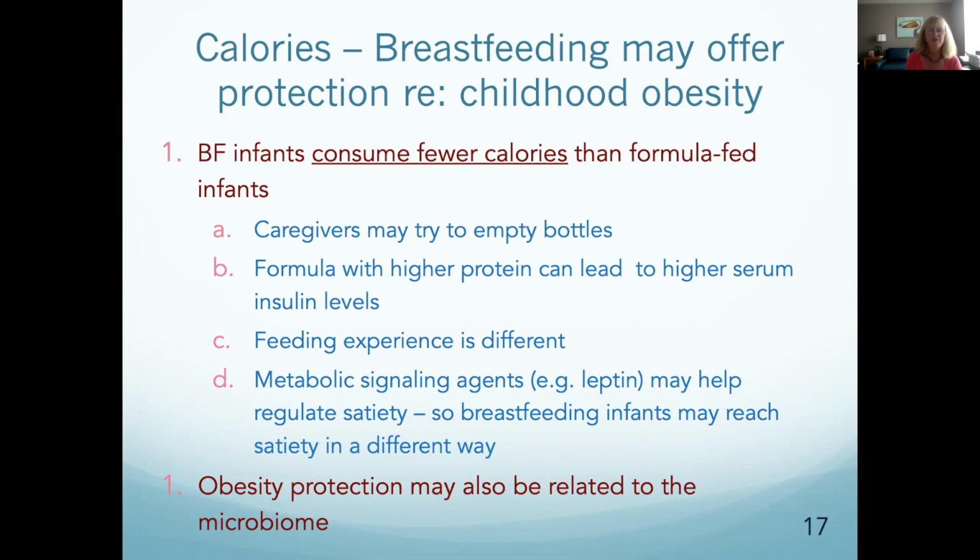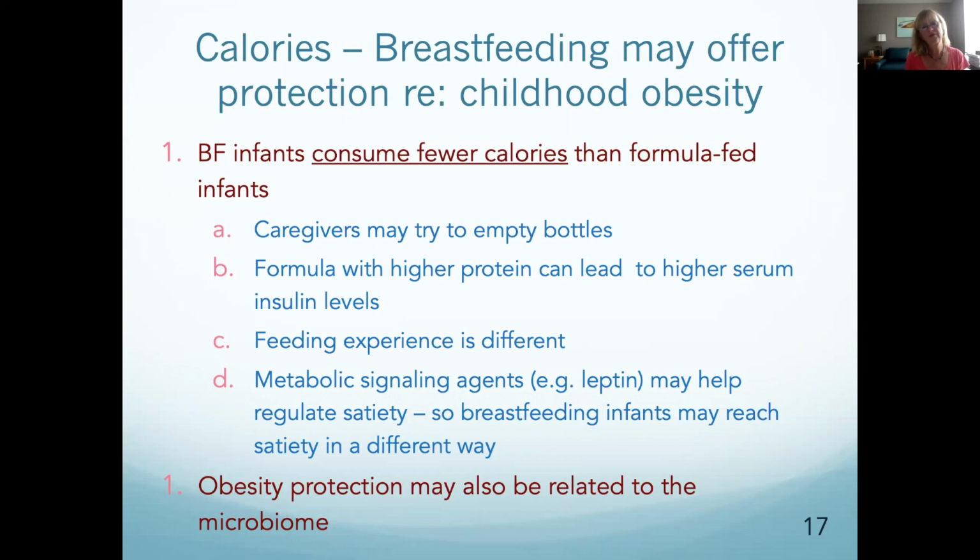But prevention of childhood obesity is one attribute of breastfeeding that shows up in the literature over and over again. And I believe it's supported by enough that we can safely say that it is protective. So that's a big deal considering our obesity crisis. Later in the semester, we'll talk about child obesity, so we'll get back to this. But let's look at the reasons why breastfed infants are less likely to become overweight.